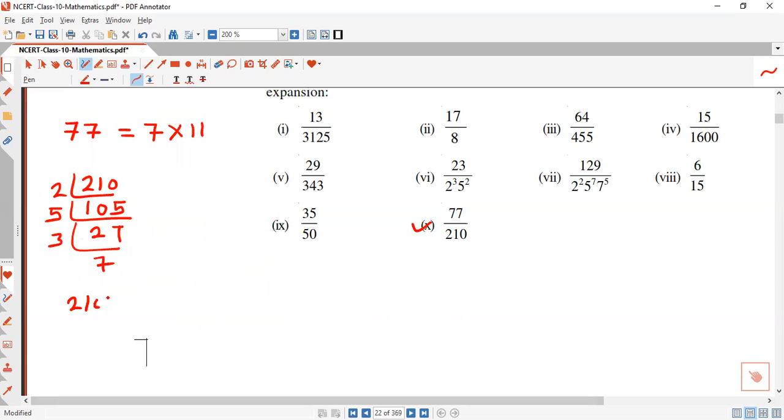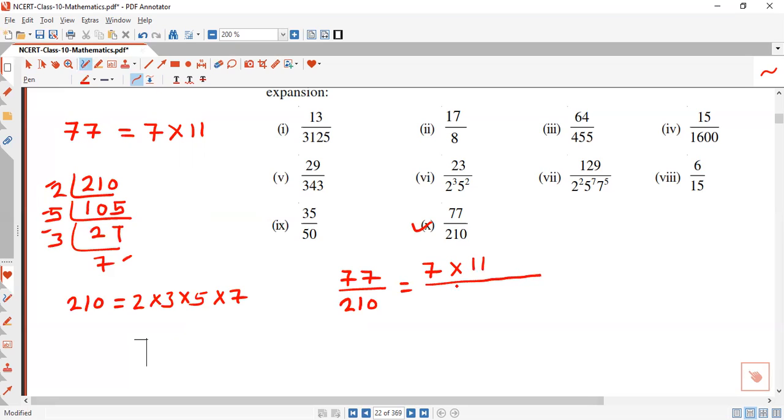So 210 has the factors 2, 3, 5, and 7. So now 77 upon 210 will be written as 7 into 11 divided by 2 into 3 into 5 into 7.